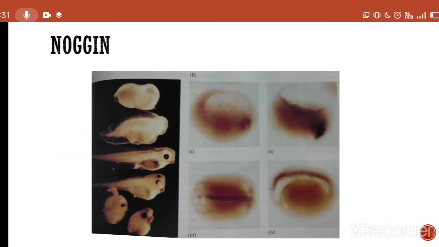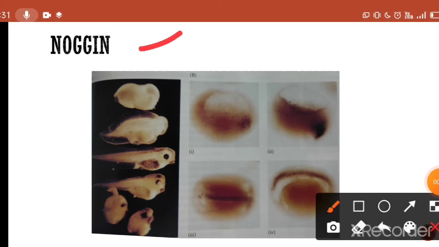Let us understand this in the picture. So we are clear that noggin dorsalizes the amphibian embryo. In this picture is shown the Xenopus egg. When these eggs are exposed to UV radiation, or ultraviolet radiation, cortical rotation fails to occur.